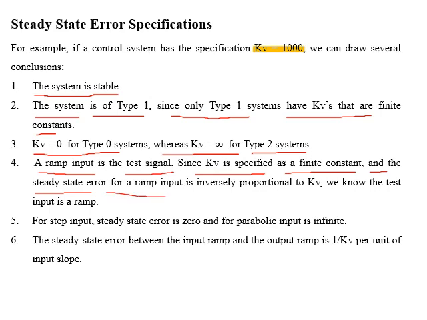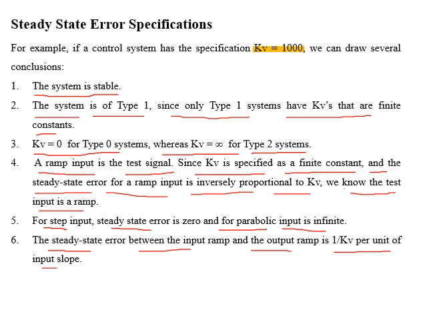and the steady state error for ramp input is inversely proportional to kV. So in this case our test input is a ramp input. For step input the steady state error is 0 and for a parabolic input it will be infinite. The steady state error between the input ramp and output ramp is 1 over kV per unit of input slope.